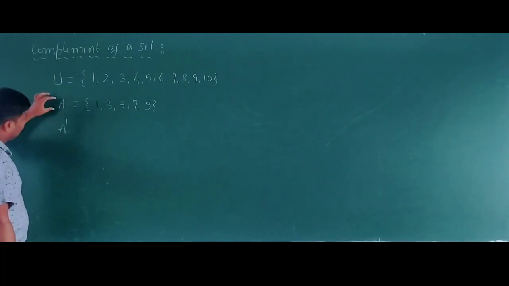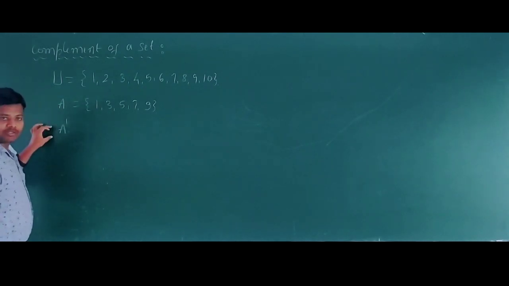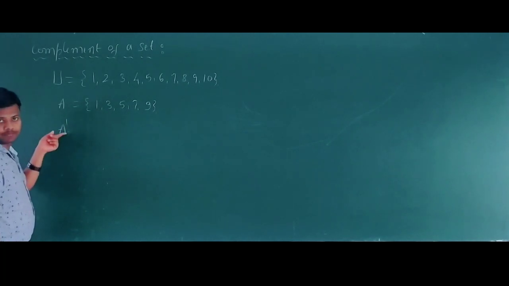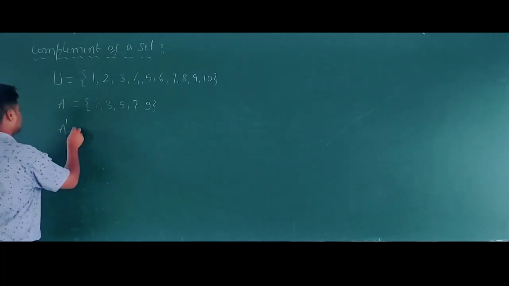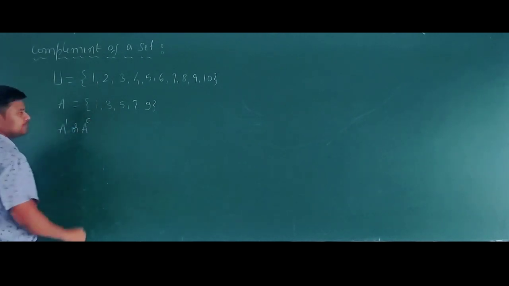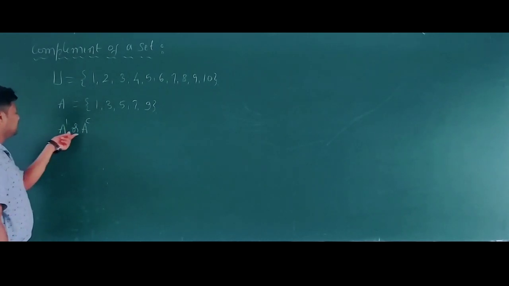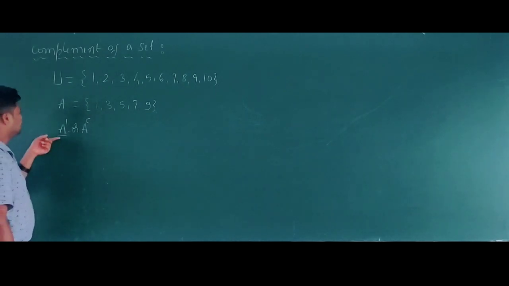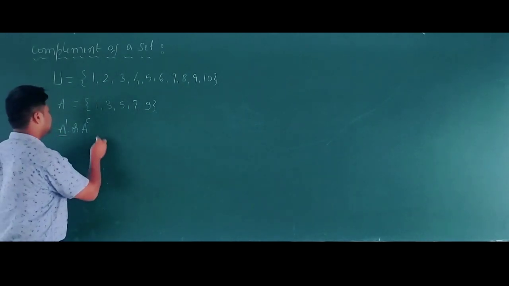A dash means this is the complement of set A. Otherwise, some people also write it as A to the power C. These symbols are the same. Now just use A dash. Then what is the complement of a set?